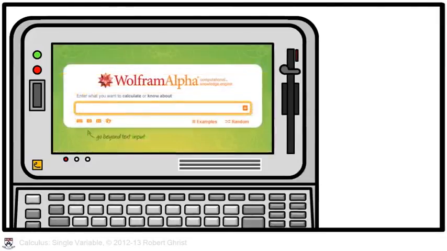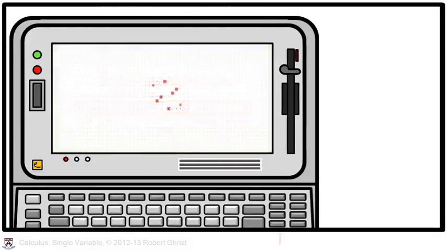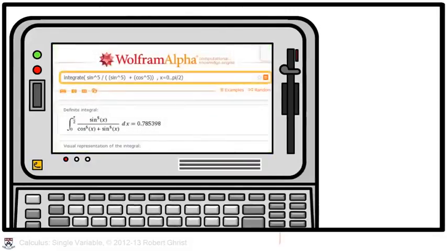Now let's continue with a higher power still. In this case, n equals 5. Well, at this point, Wolfram Alpha still gets the correct numerical answer, but it no longer knows that that is really pi over 4. And if we move to higher powers still, well, things are going to break down.